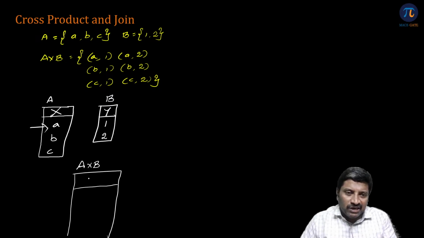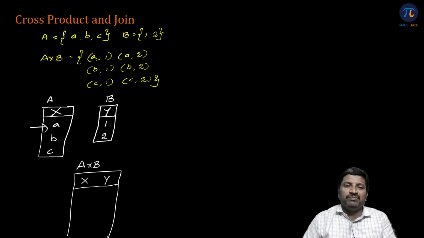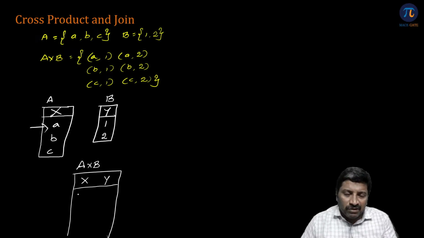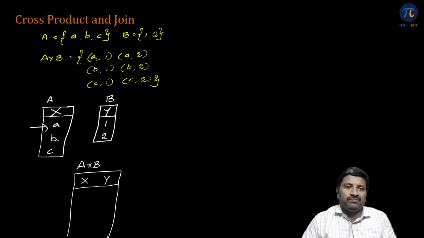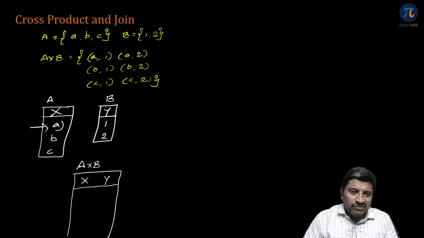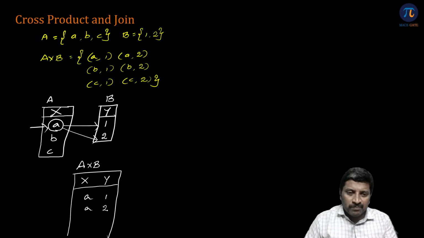In this case, I have only one attribute from the first relation and one attribute from the second relation. Then how to form the records of this relation? Consider the first record. Map this A to the first record and second record of the second table. What you get? A1, A2. Hope you understood it.